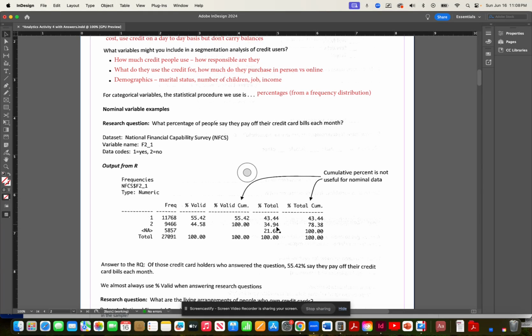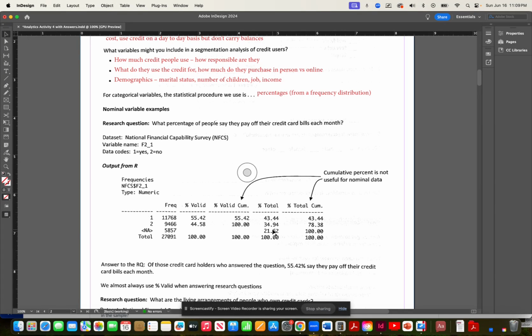And the percent total would be based on the total right here, not just the valid. So this 43.44%, that's 11,768 divided by 27,091. And then the same would be for number two. This 34.94%, that's 9,466 divided by 27,091.